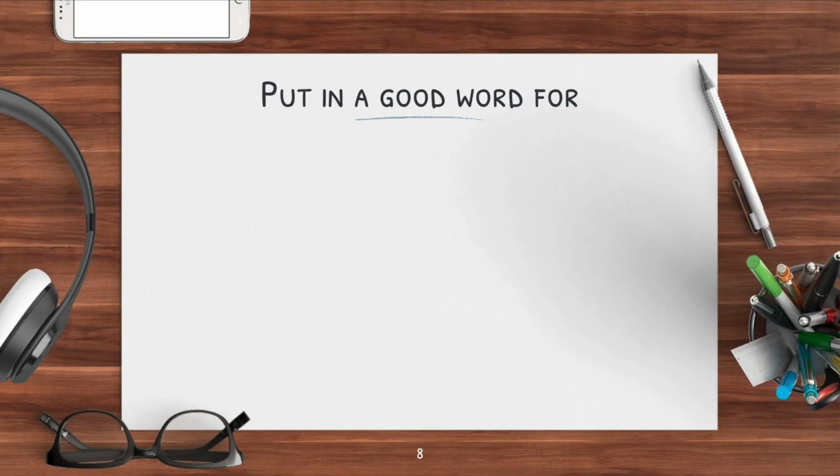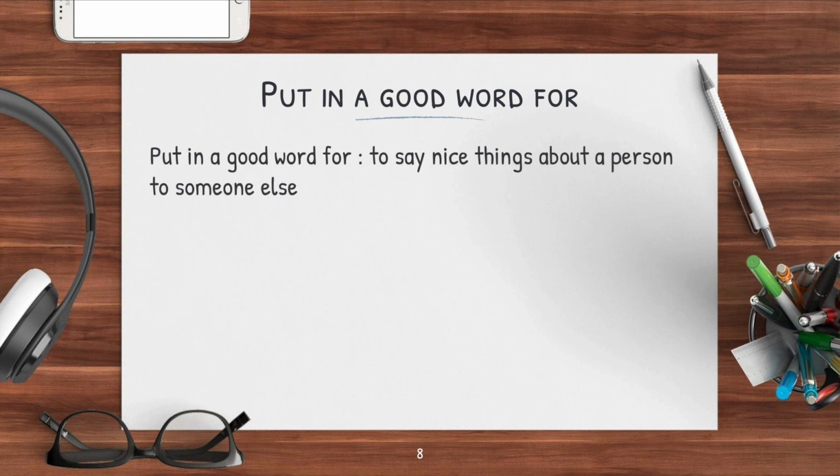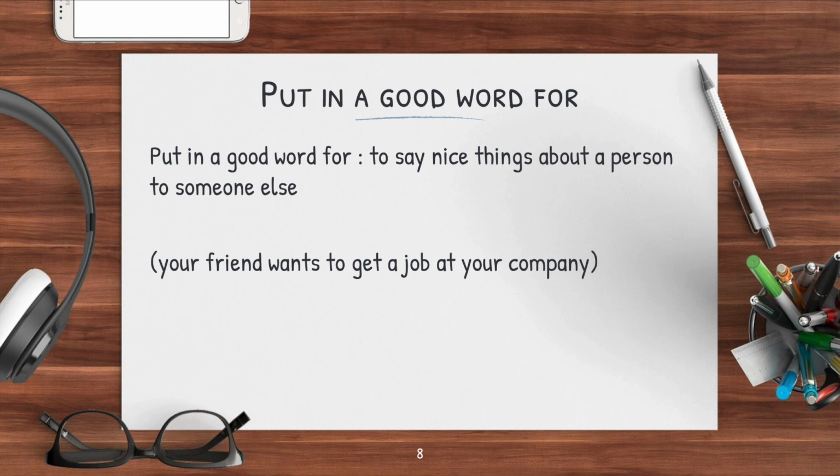Next, to put in a good word for someone means to say nice, complimentary things about them to someone else. Usually this would be when the person you're talking about is not there. Let's imagine that your friend wants to get a job at your company.